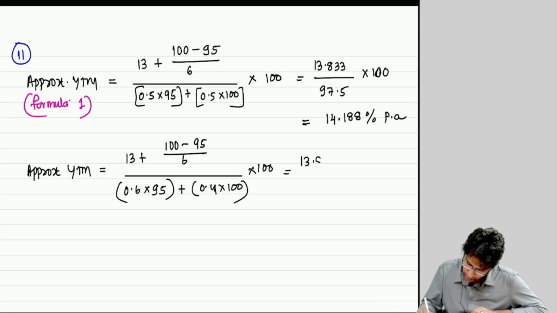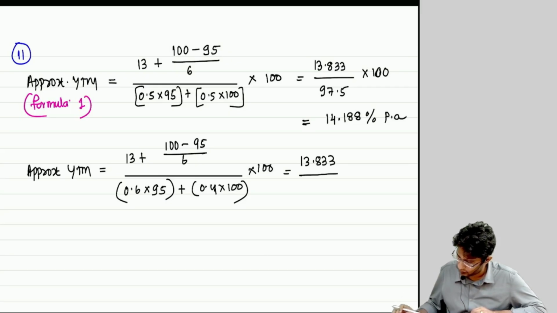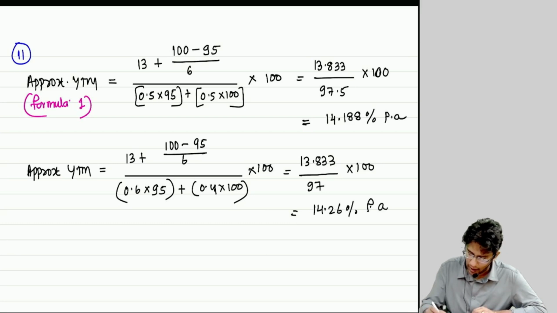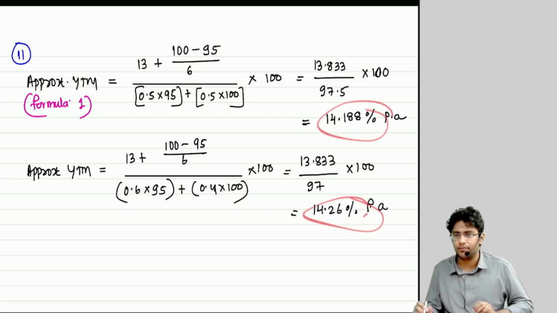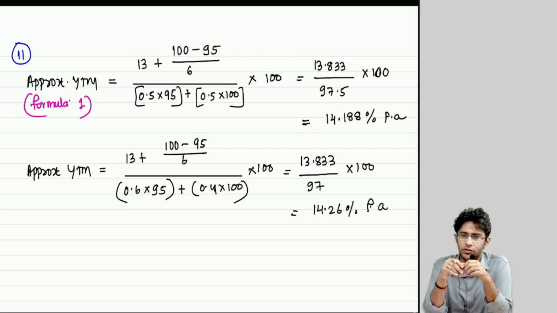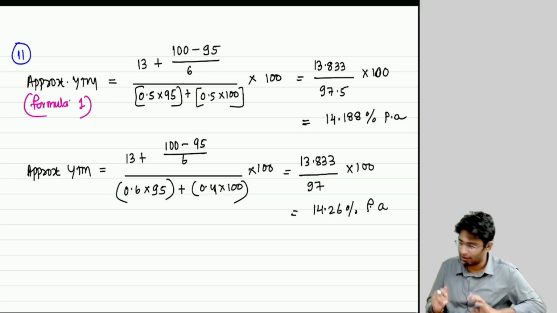That's 13.833 divided by 97, into 100. Okay, 14.26%. Observe this. This and this is not the same, but it is near only, no? One is 14.19%, the other one is 14.26%, a 0.07% difference. Both are approximate answers only.